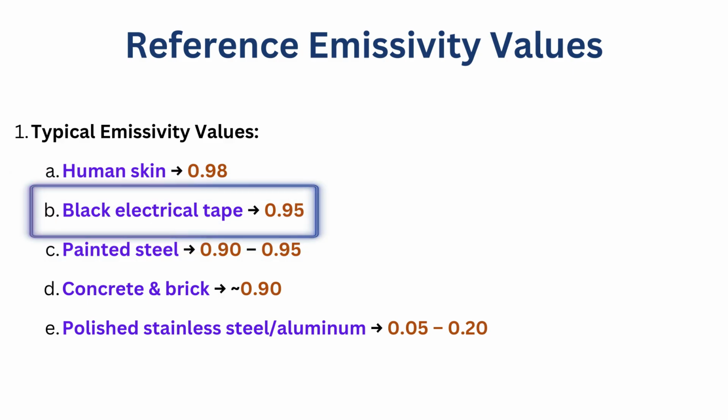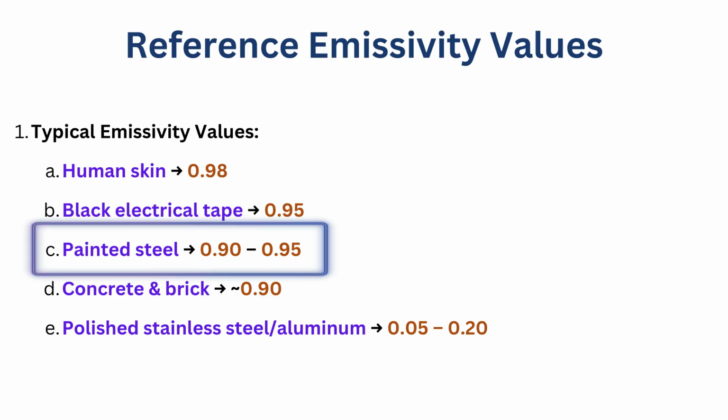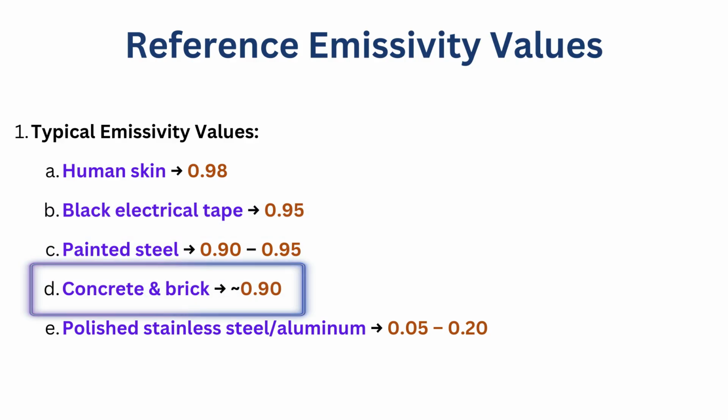It will be slightly lesser for painted steel, maybe around 0.9 to 0.92. For concrete or bricks it will be around 0.9 or slightly below that, maybe 0.88 or 0.89.